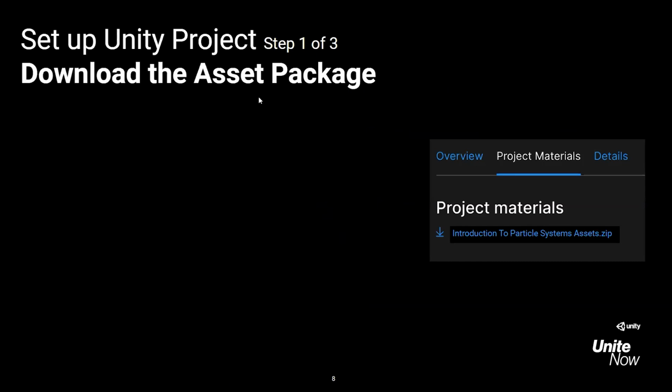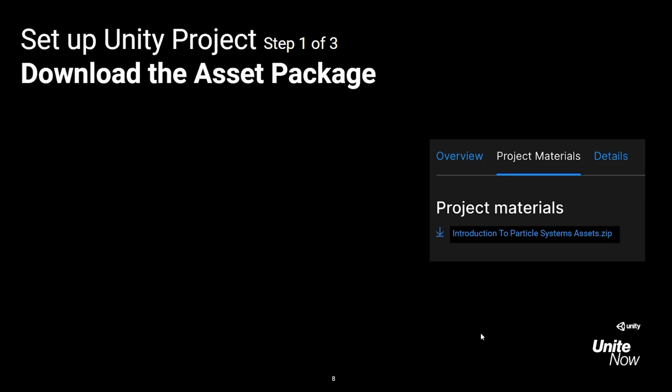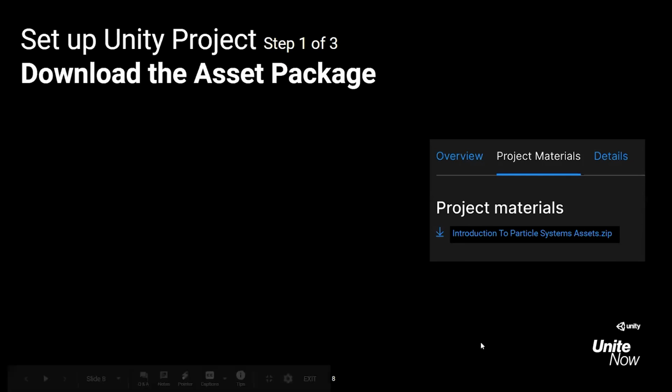And as always, we want to create a space for you to set up the project. So if you haven't done so, go ahead and download the asset package from Learn. Let's make sure, taking a look at your chat, that the assets are in there. James, if you wouldn't mind dropping those assets in there one last time, it'd be appreciated. Thank you.